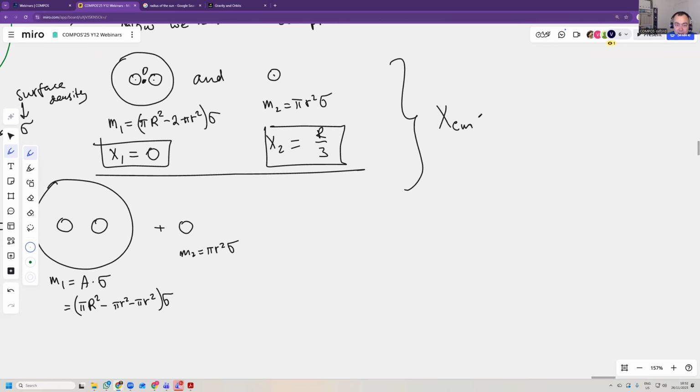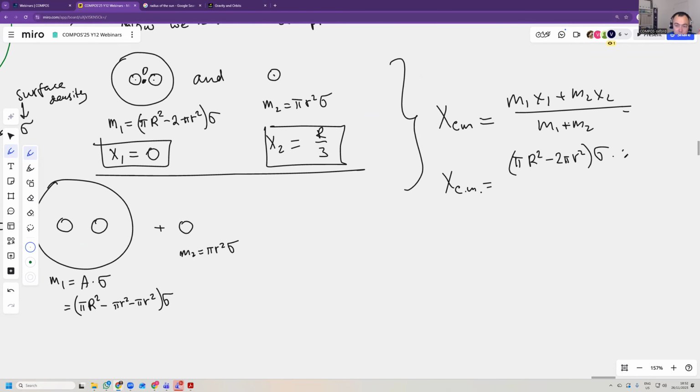So now I just need to calculate the center of mass. So x center of mass is m1 x1 plus m2 x2 divided by m1 plus m2. And all I need is to calculate. m1 is pi r squared minus 2 pi r squared multiplied by sigma multiplied by x1, which is 0, plus m2, which is pi r squared sigma times r over 3, divided by pi r squared minus 2 pi r squared plus pi r squared sigma.